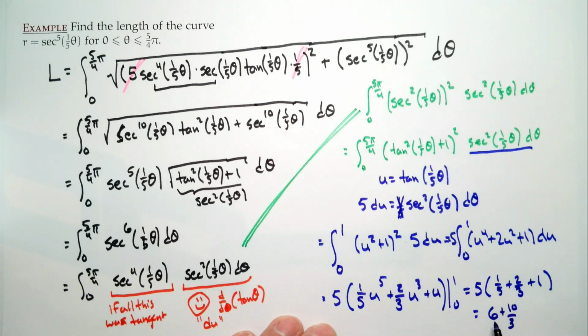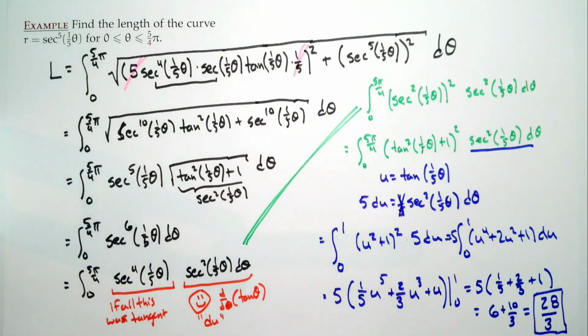Of course 6 is 18 over 3, plus 10 over 3 gives us 28 over 3. That's not so bad. That's almost doable. We did it. All right, good.